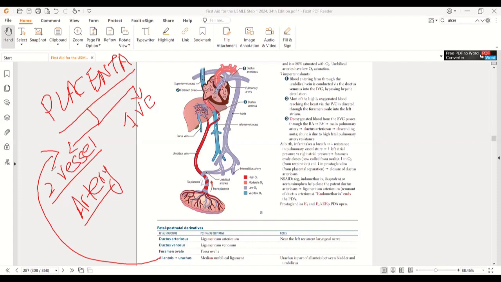It is derived from the hindgut. And the hindgut is endodermal, mesodermal, or ectodermal? It is derived from endoderm, right?